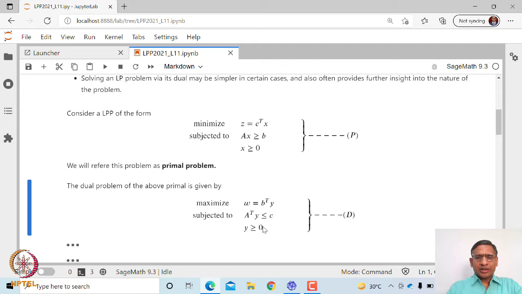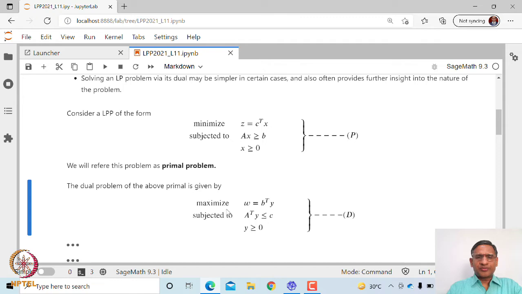And the right hand side is c, which was the coefficient of the objective function, right? That also indicates that the number of constraints will be the same as the number of variables in the objective function.